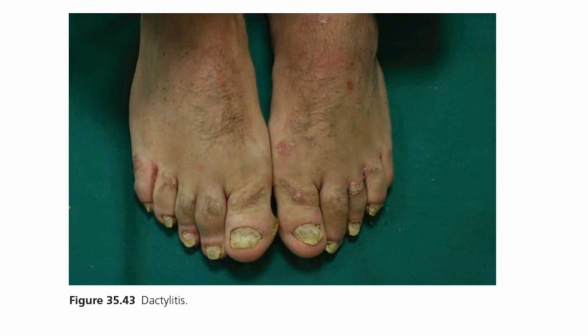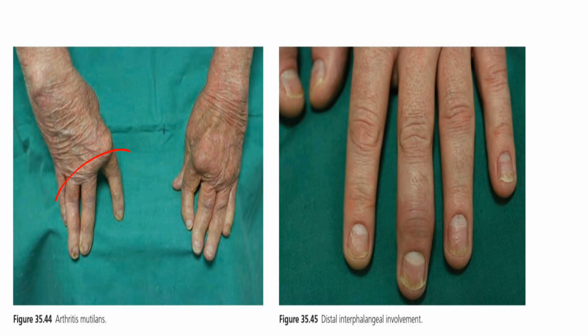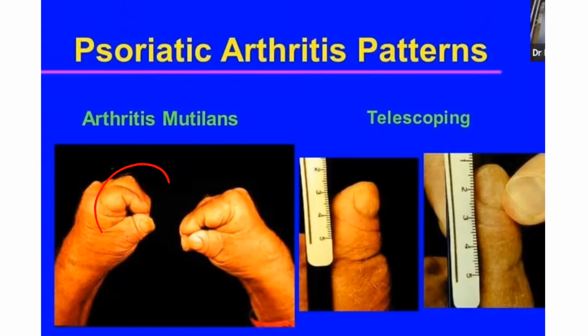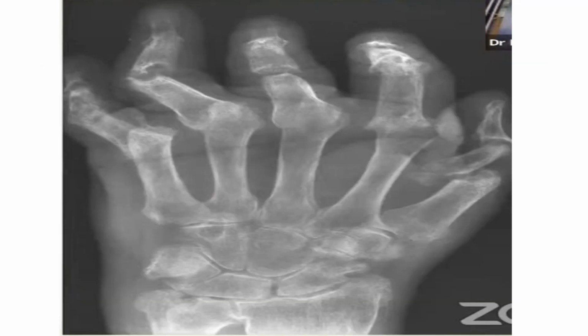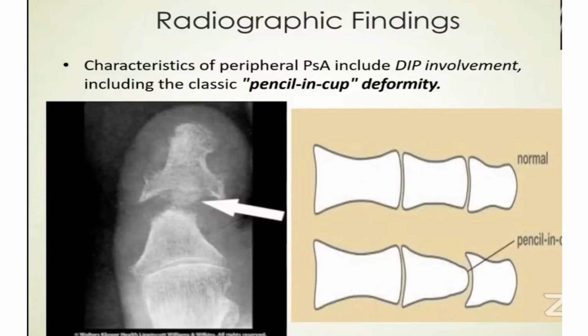Dactylitis involving the toes. Here, these are the nail findings. Arthritis mutilans. This is the involvement of the distal interphalangeal joint. Arthritis mutilans, and this is the telescoping of fingers. This is the radiographic finding of psoriatic arthritis.